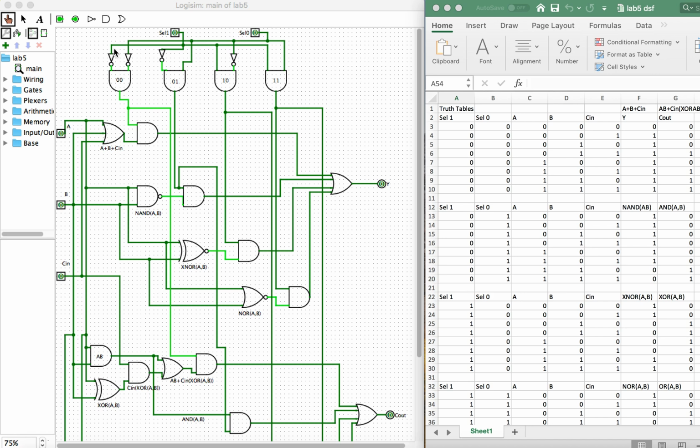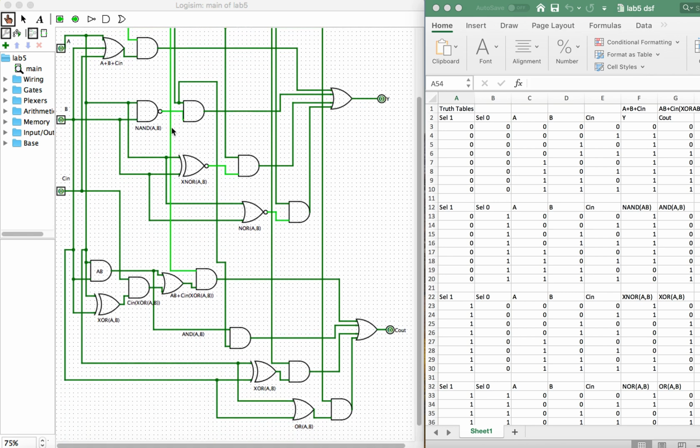And the outputs for y and C out are determined by the inputs A, B, and C. And so essentially, for each state determined by the inputs of cell 1 and cell 0, I just have an AND gate where one input is whether or not it's the current state for cell 1 and cell 0, as seen here for this final layer of AND gates for y, and same for the final layer of ANDs for C out, as seen here.